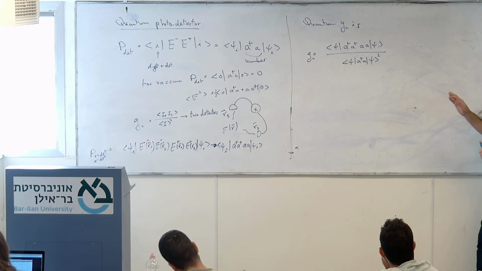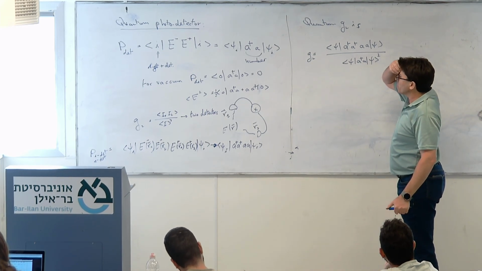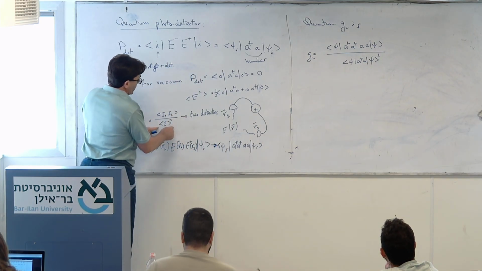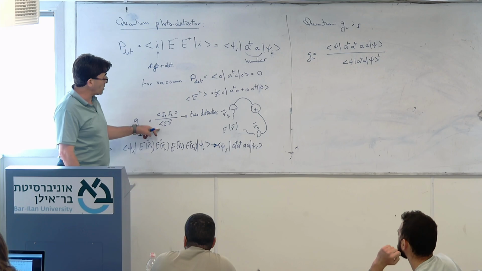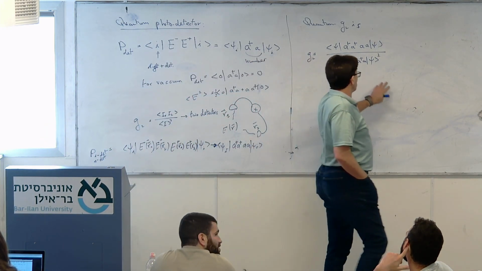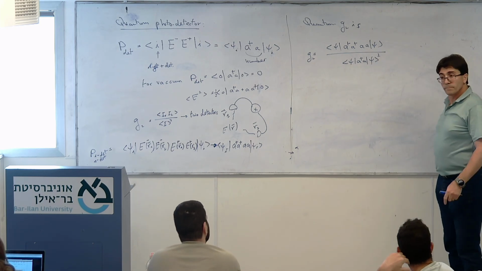What did I say here? We normalize, if you remember: G2 is the intensity correlation divided by the single intensity average, normalized to the single intensity. In this case, this is the single intensity, what a single photodetector will show.